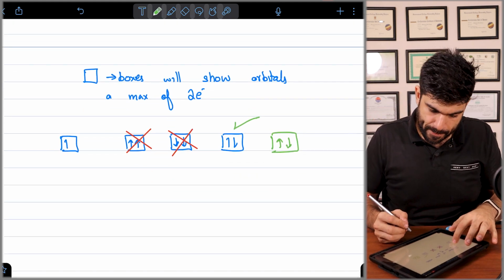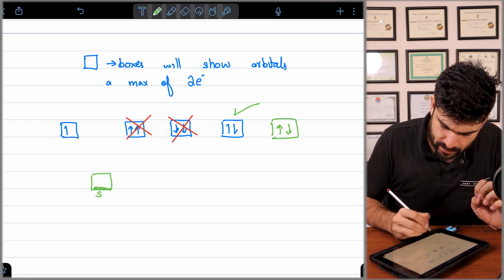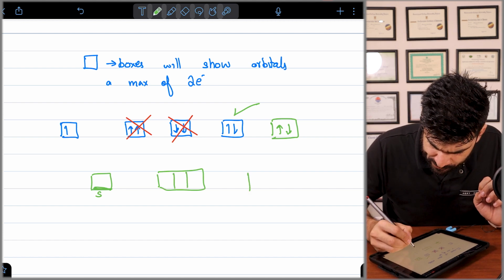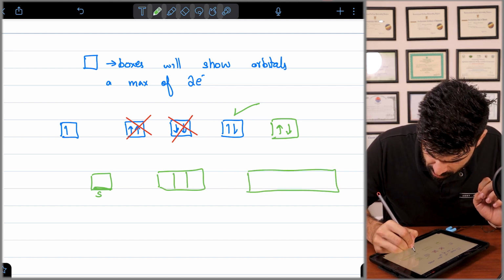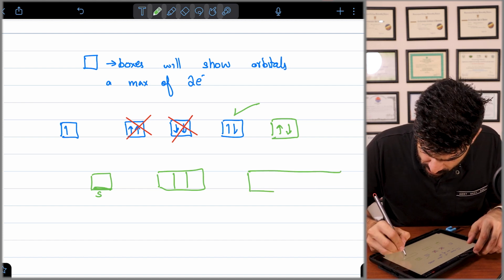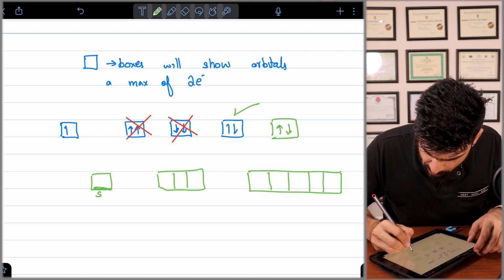And then s will be shown by this. P will have 3. D will have, sorry for the shape, 5 orbitals.